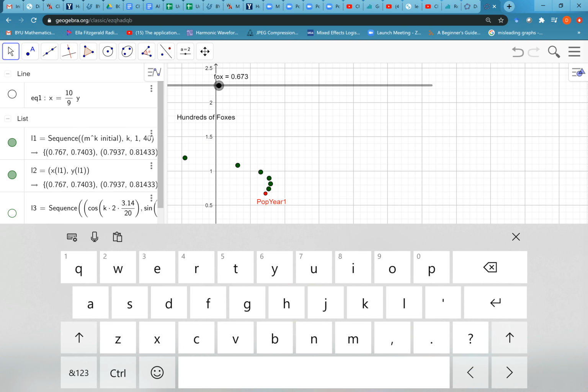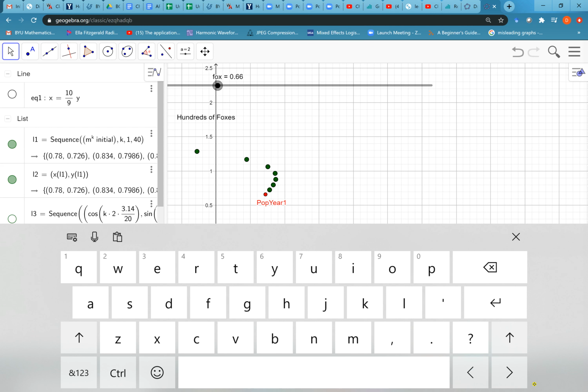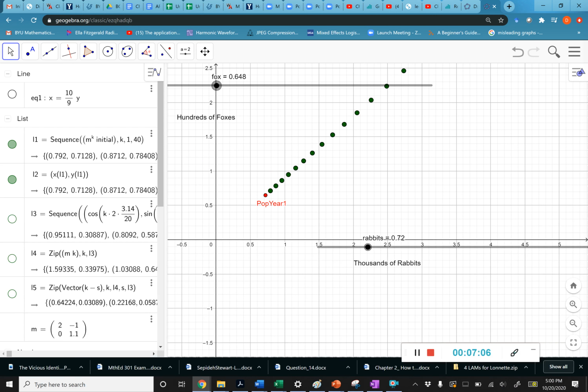Now, keep inching over until something happens. Oh, look at that. Look at that. What is happening here?